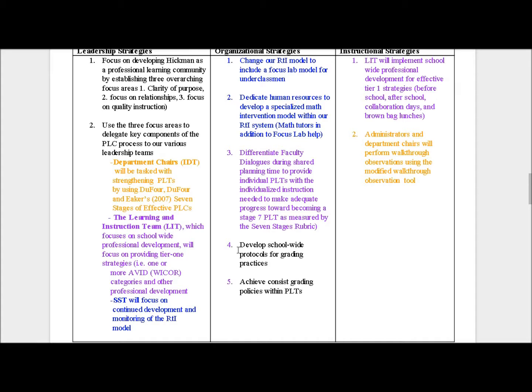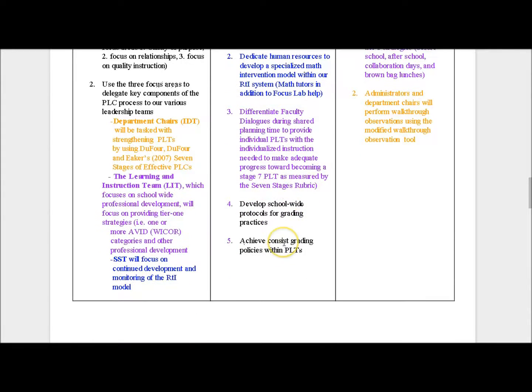So constant communication between the learning and instruction team and your department chair is going to be very important in terms of giving you the professional development you need to continue your development toward becoming a highly effective PLT as measured by our 7 stages rubric. And then Leadership Council is taking the reins on helping our school begin conversations about school-wide protocols for grading practices. And then we also have a strategy to try to achieve consistent grading policies within each PLT.